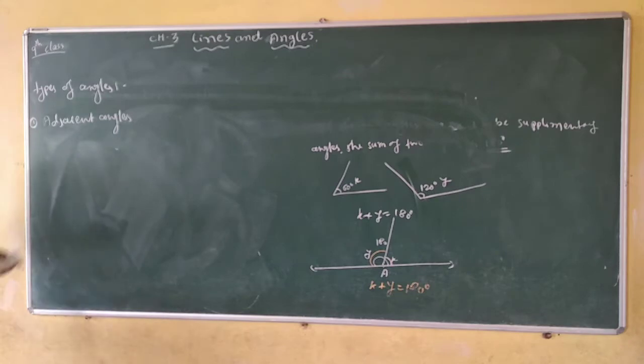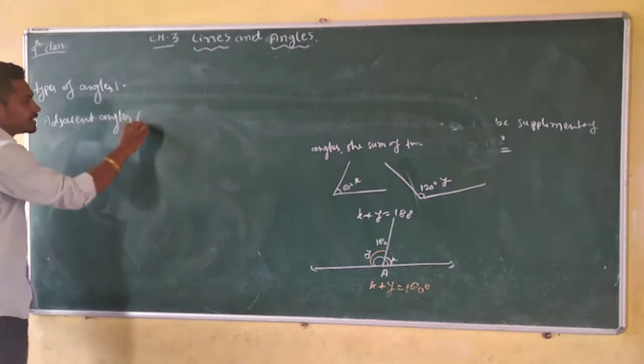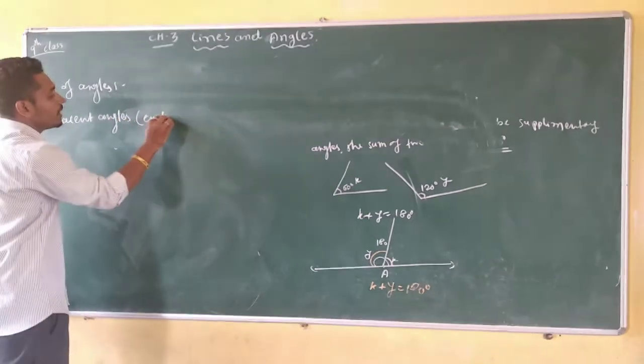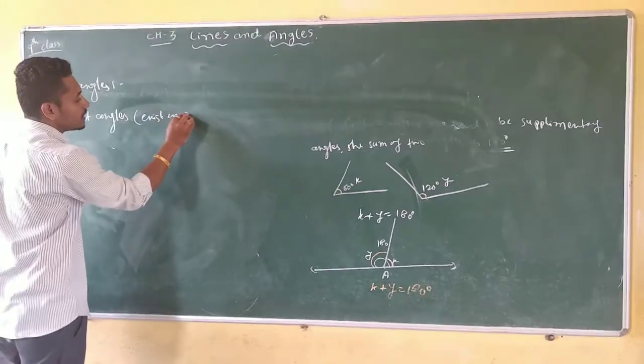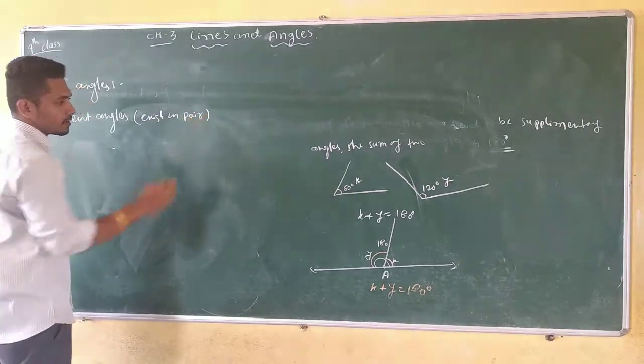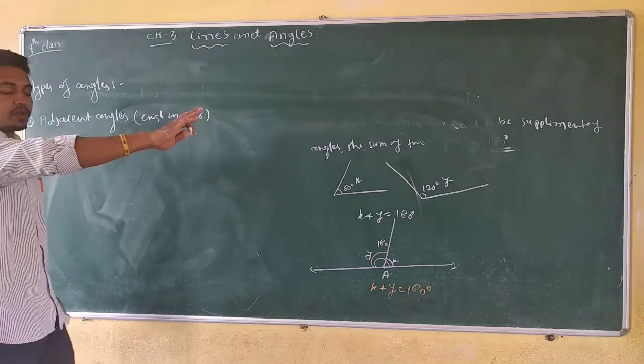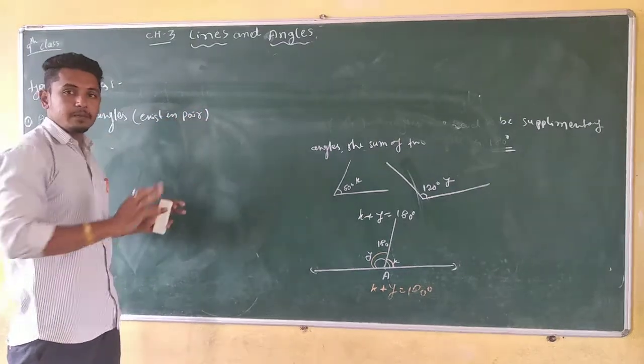Adjacent angles exist in pairs. Both complementary and supplementary angles also exist in pairs only.